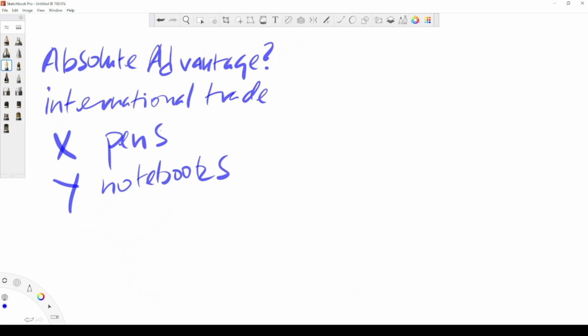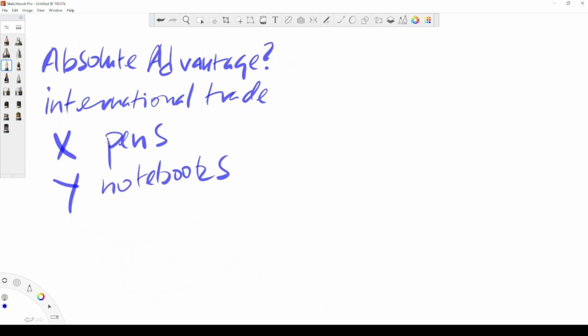So if country X is better at producing pens, specialize in the production of pens, and if Y is good at producing notebooks, focus on producing notebooks and trade. X, you trade your pens to Y, and Y, you trade your notebooks to X. So this is the main idea.